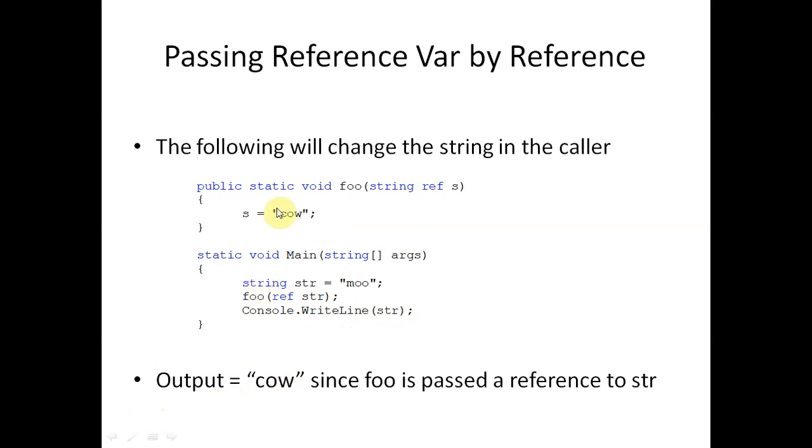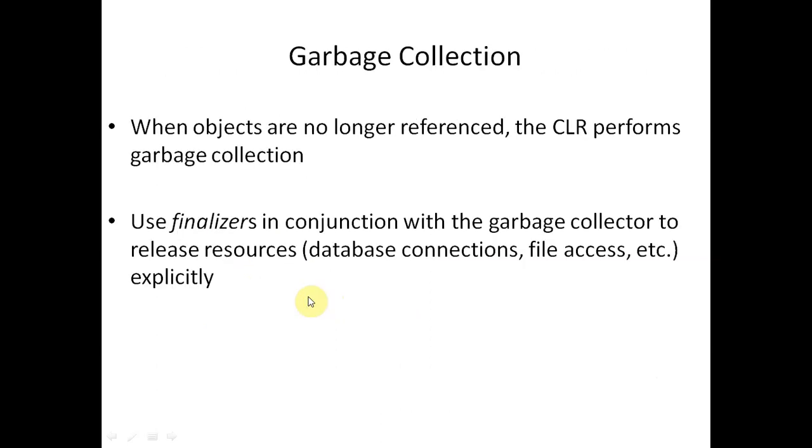Now this is the reflection: the change of the function is reflected on the main program. Output is cow, since str is passed by reference. So always we have to use the ref keyword for call by reference. And in case of call by value, we don't have to write anything before the variable. So this is call by reference and call by value.